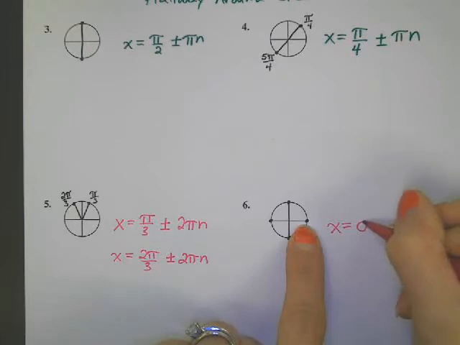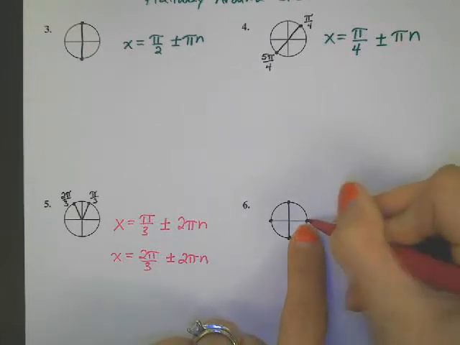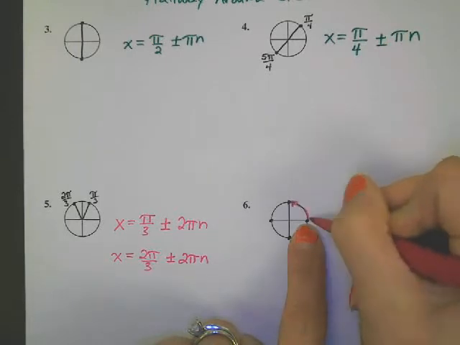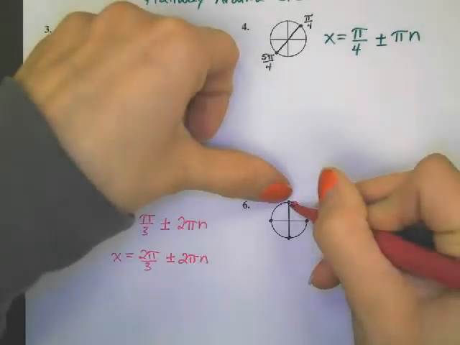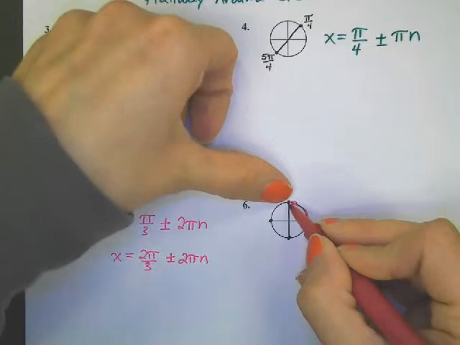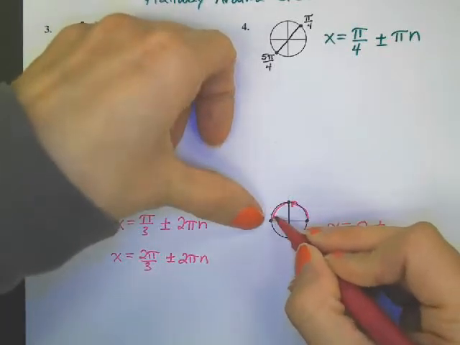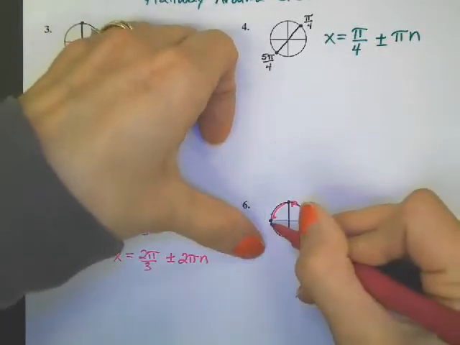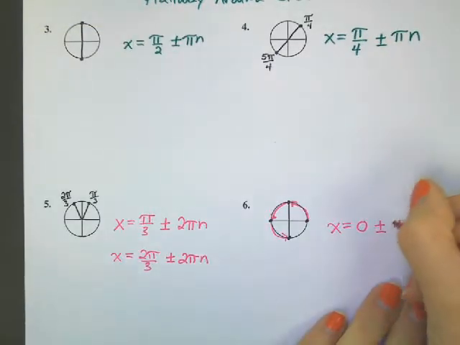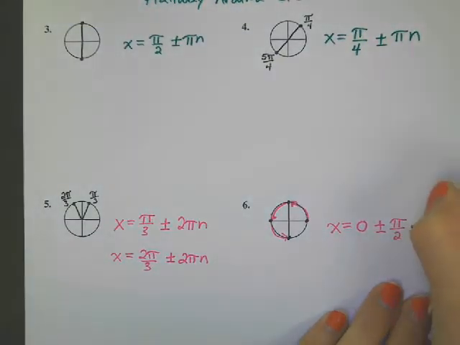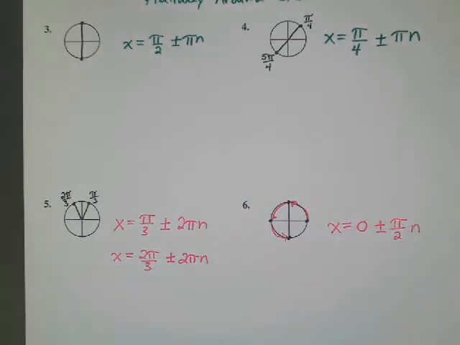x equals 0. The first angle is right there, 0, plus or minus. What's the space? How far do you have to go to get to the next one? That's a distance of pi over 2. And then that's a distance of pi over 2. Stop. There's an answer. Go another pi over 2. So it's plus or minus pi over 2 n. Okay?